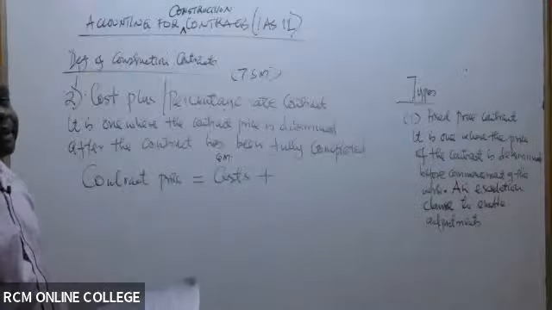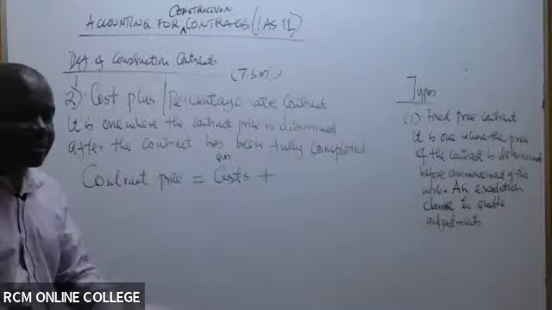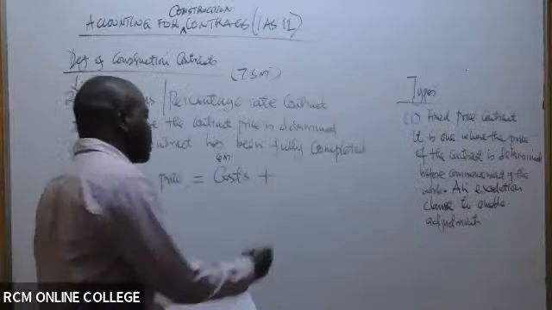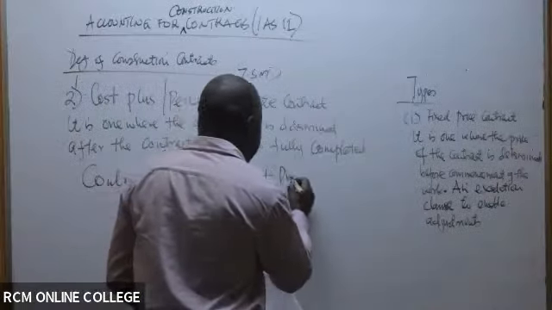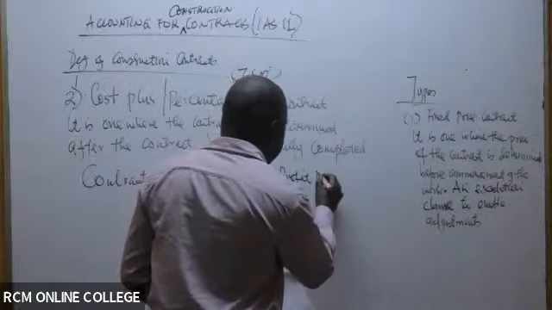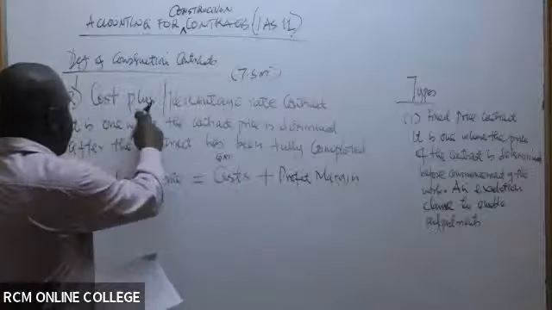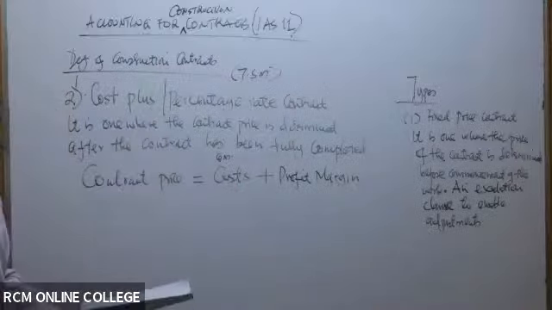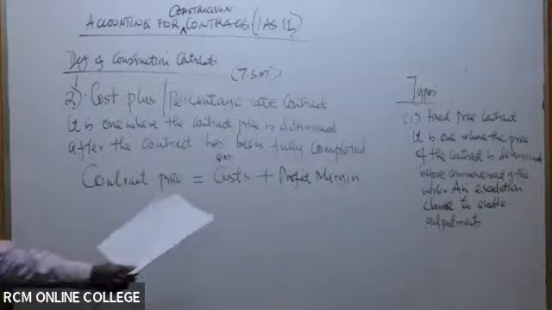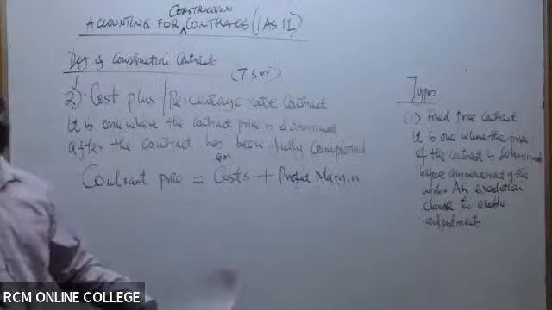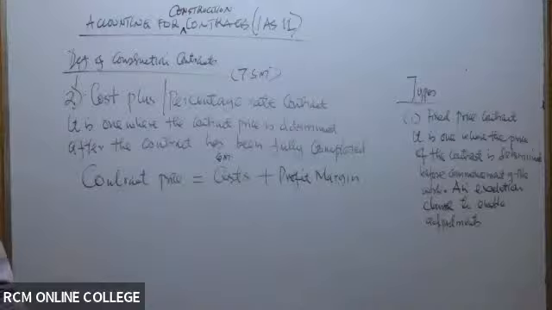So in this case, to know the contract price you'd charge the contractee, you tell them the cost of the materials, labor and everything is 6 million. But on this cost, you end up putting on a profit margin. That's what we mean by cost plus contract. You determine all the costs you incurred as a contractor, then you add your margin.